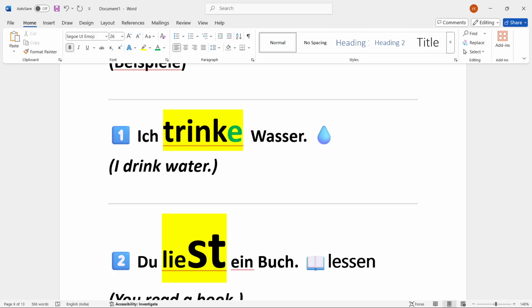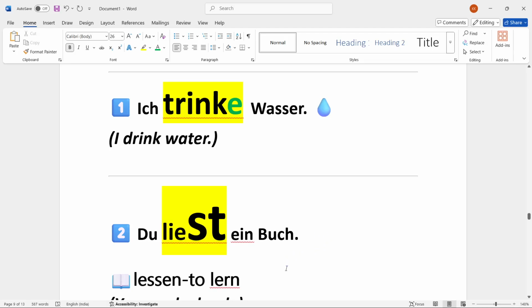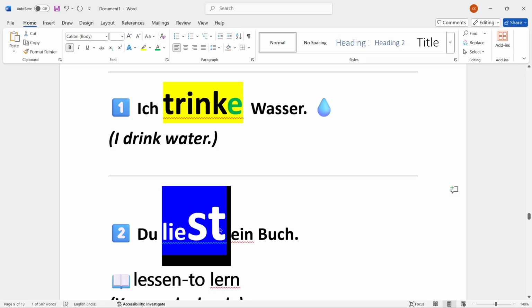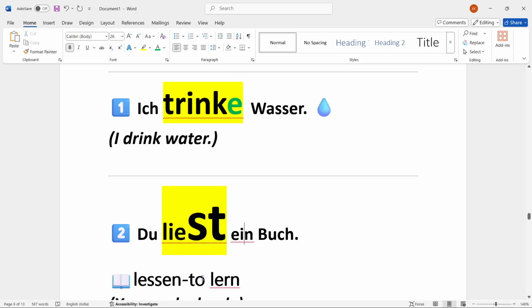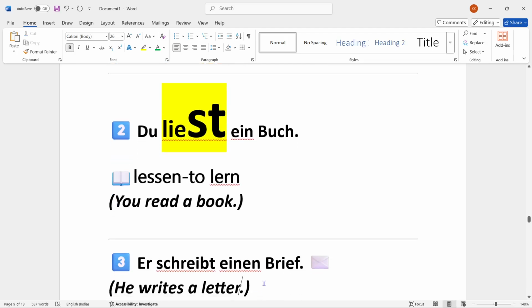Lesen. It means to read. Okay, du liest ein Buch. Which verb is it? Lesen. Liest is a verb. The infinitive verb is lesen. The full form of the verb is lesen. It means you read a book.